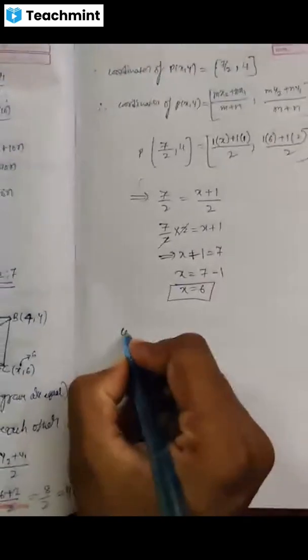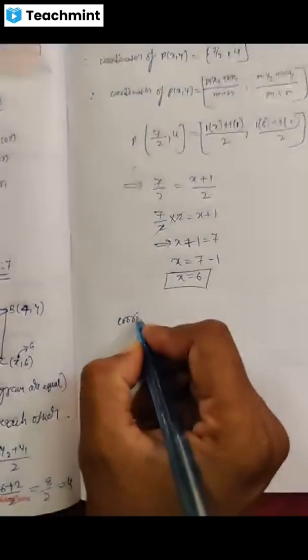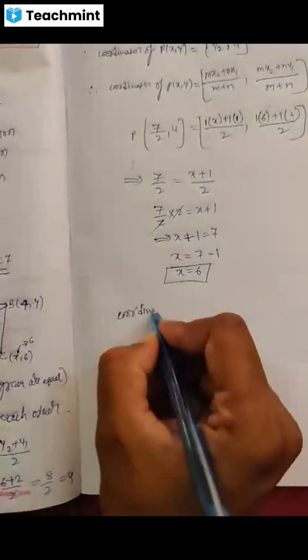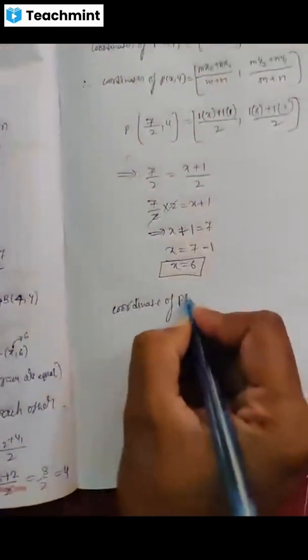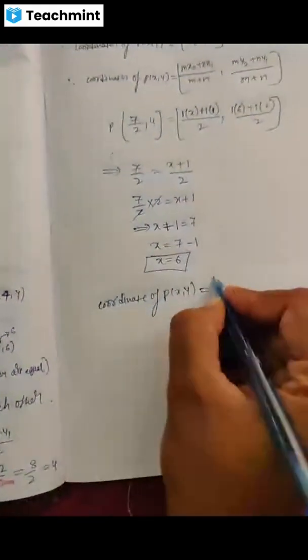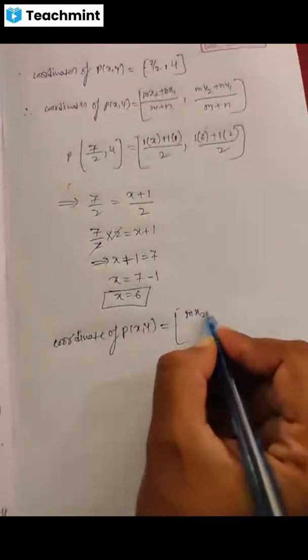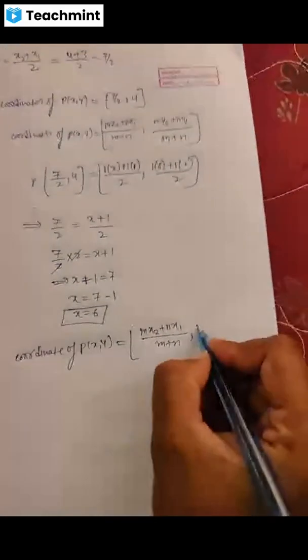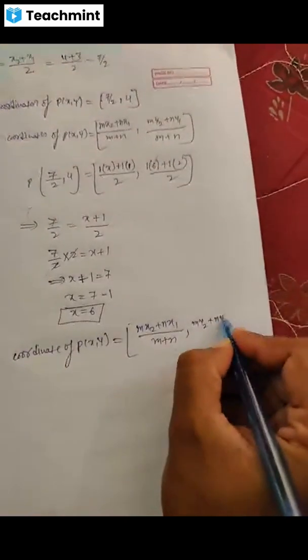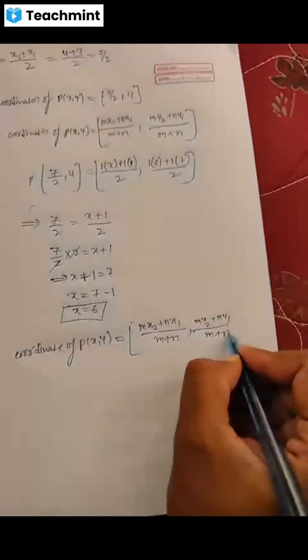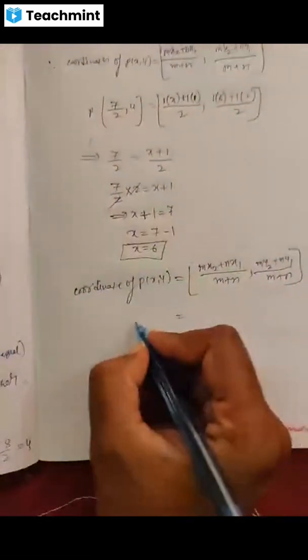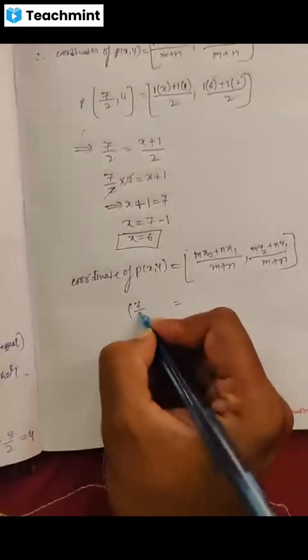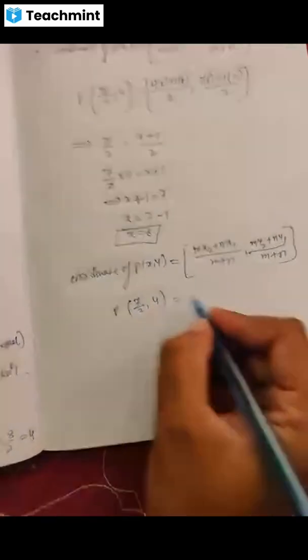In the same way, the coordinates of P(x, y) are again given by the same formula, (mx2 + nx1)/(m + n), (my2 + ny1)/(m + n). This is equal to P(7/2, 4).